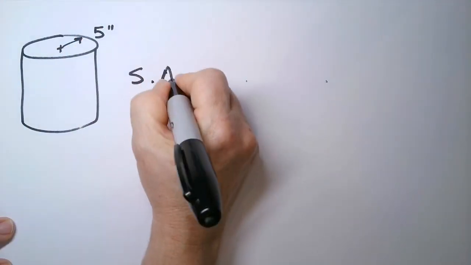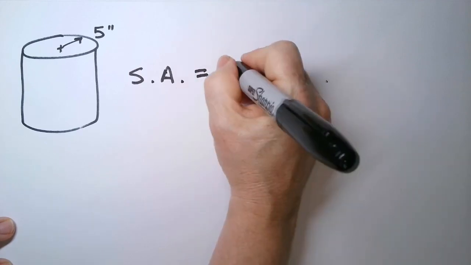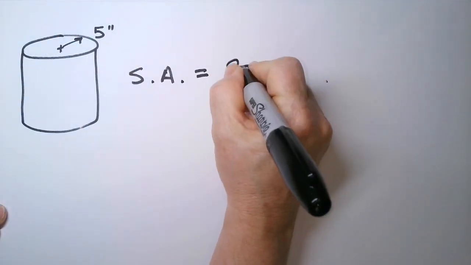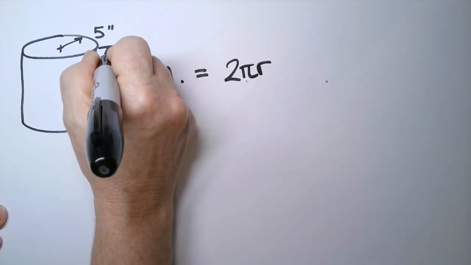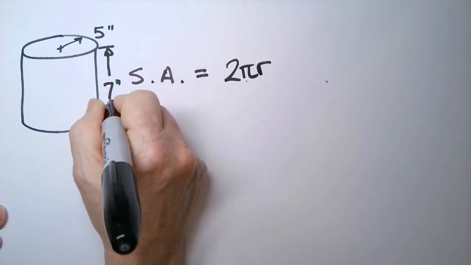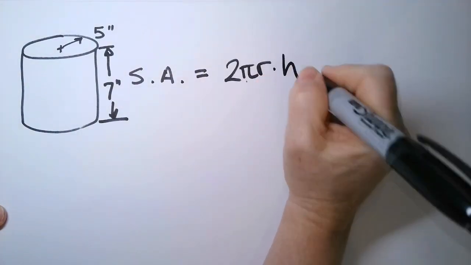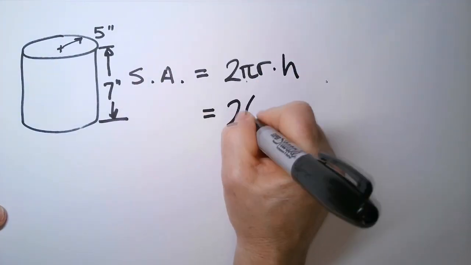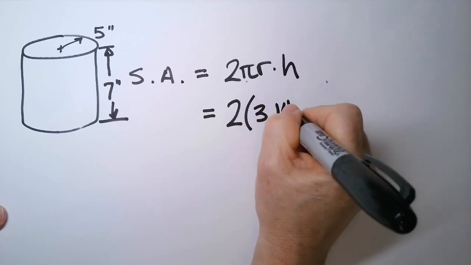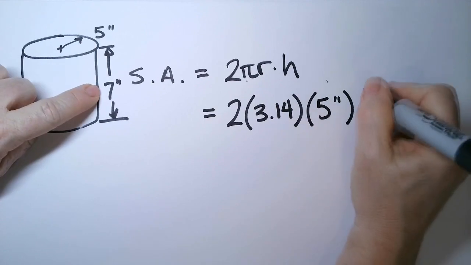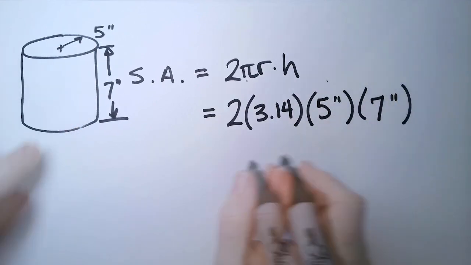So that surface area is equal to the circumference, which is 2 pi r, times the height. I'm going to give you the height is 7 inches. So this is going to be 2, pi is 3.14, the radius here is 5 inches, and the height is 7 inches.